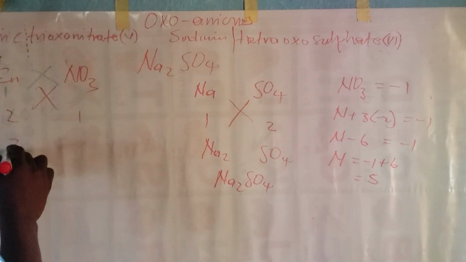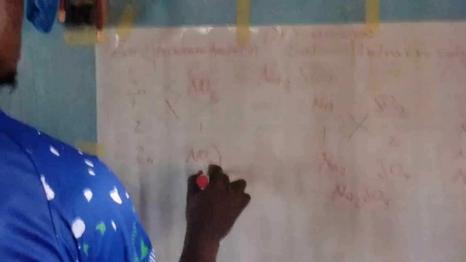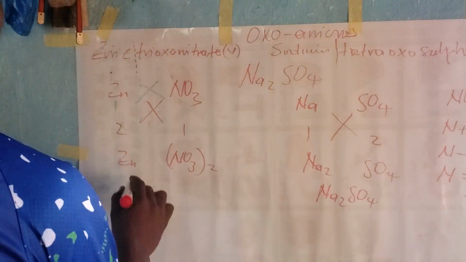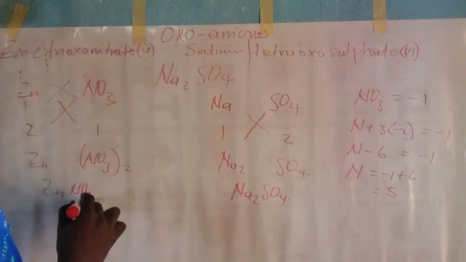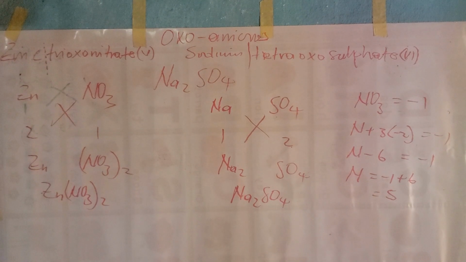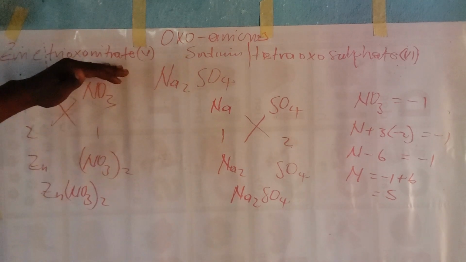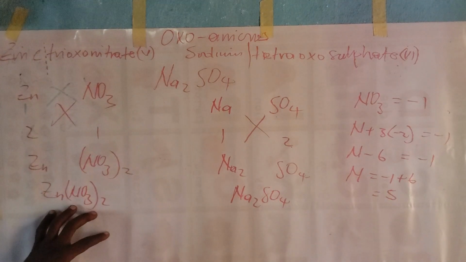So you will have Zn and NO3 in brackets 2. So the compound now is Zn(NO3)2. This is the chemical formula that you are asked to write, if you are given the word form zinc trioxonitrate 5.